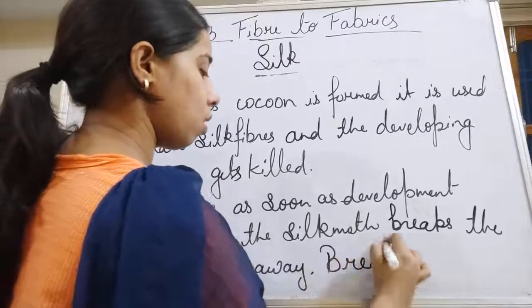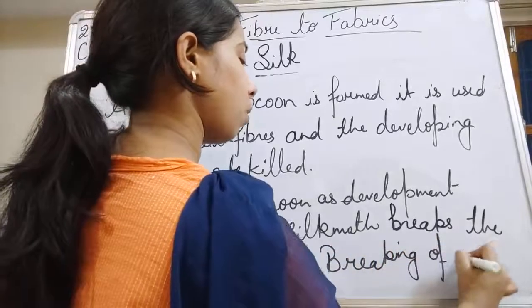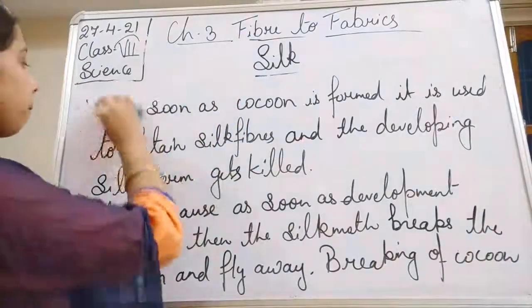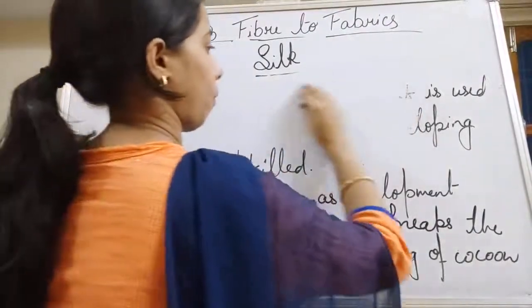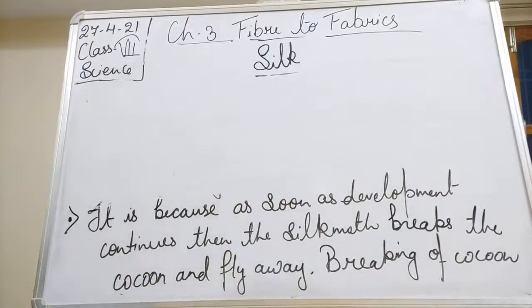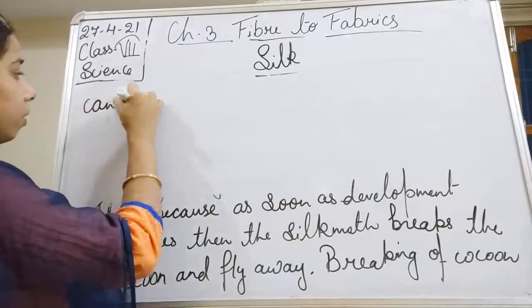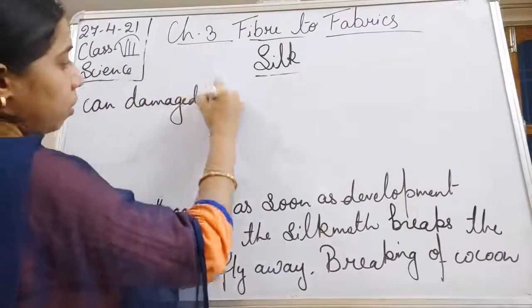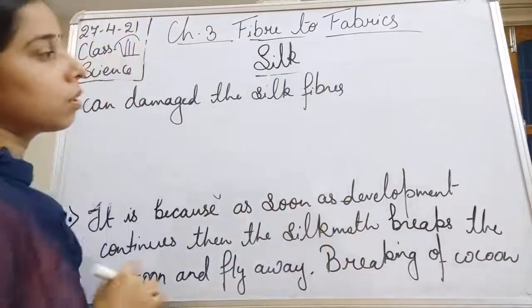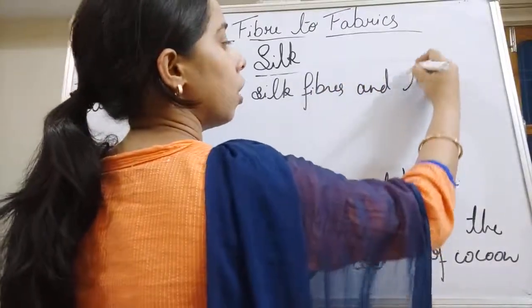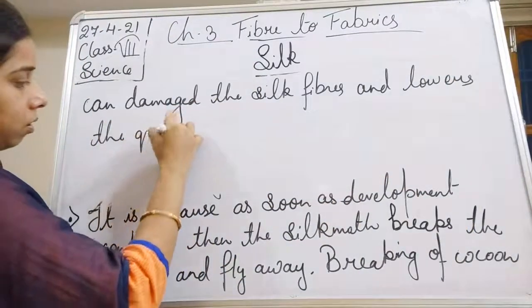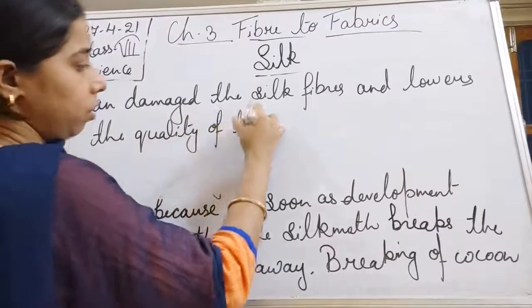Breaking of the cocoon can damage the silk fibers and lowers the quality of the silk.